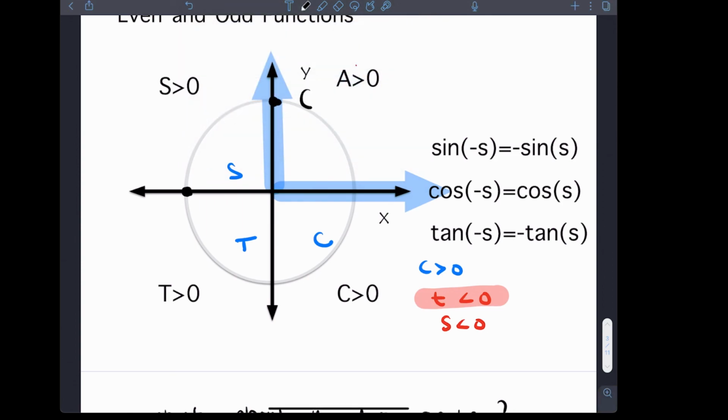What's that terminal point? So tangent of 90 degrees is what?